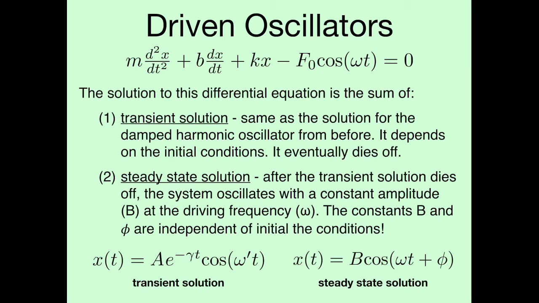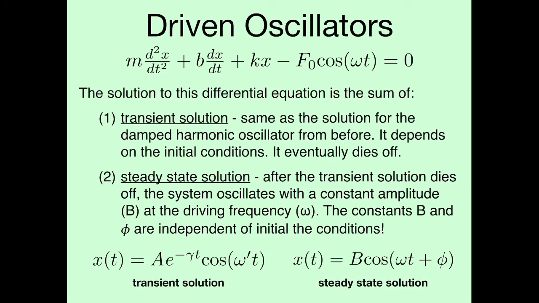The solution to this differential equation has two parts. We have what's called the transient solution, and then we have what's called the steady state solution. The transient solution is exactly the same as what we had before for the damped harmonic oscillator. So let's take a look at the transient solution down here. It's x of t equals A times e to the minus gamma t times cosine omega prime t.